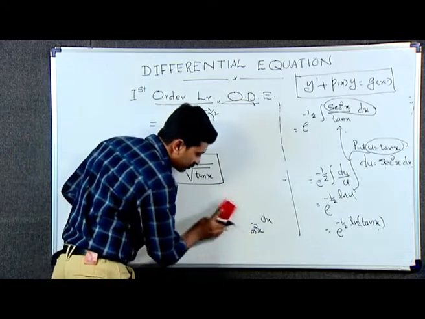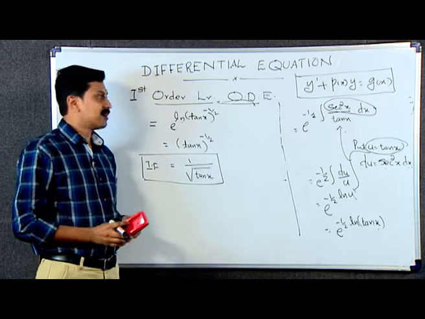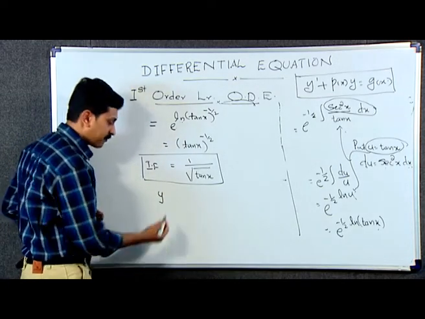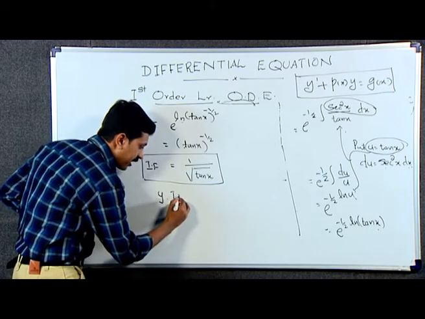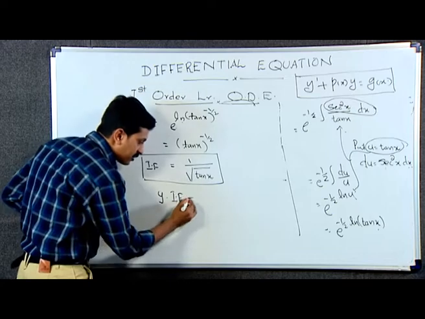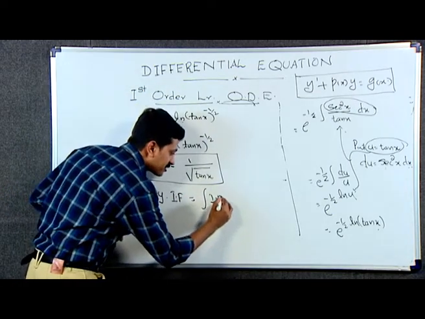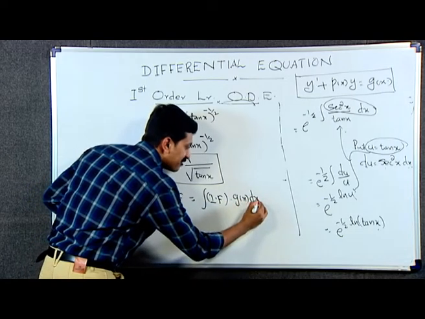Now, we found our integrating factor. By the formula we know that we can find the solution: y into the integrating factor is equal to the integral of the integrating factor into g of x dx plus c.